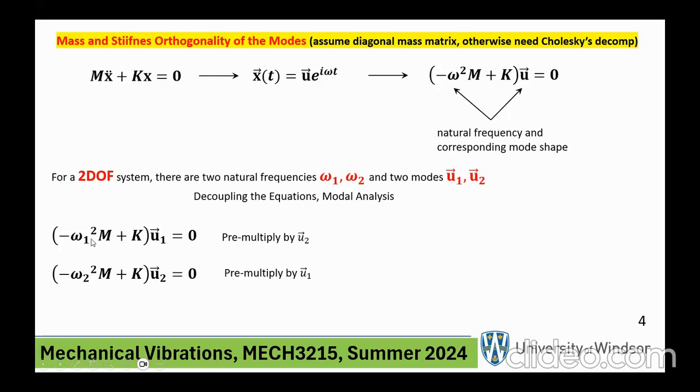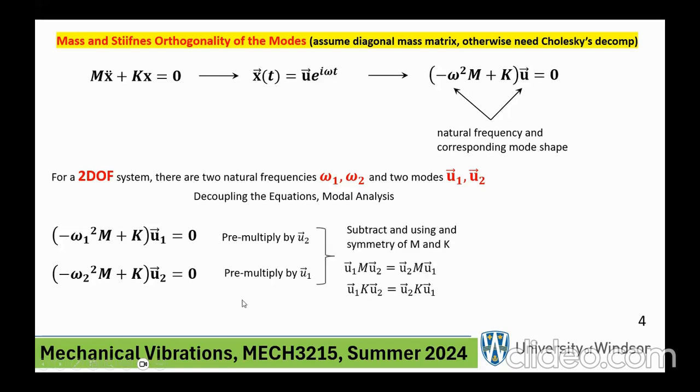So look what happened. u1 goes with omega 1, so this equation is true, it's written here. u2 goes with omega 2, so this equation is also valid for u2 and omega 2. This equation I'm going to multiply on the left by u2. This equation I'm going to multiply on the left by u1, which means pre-multiply on the left.